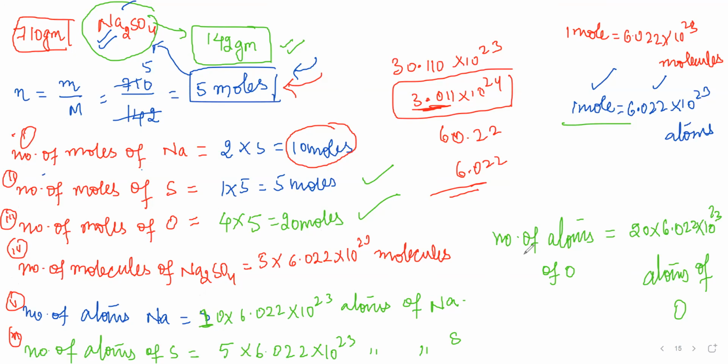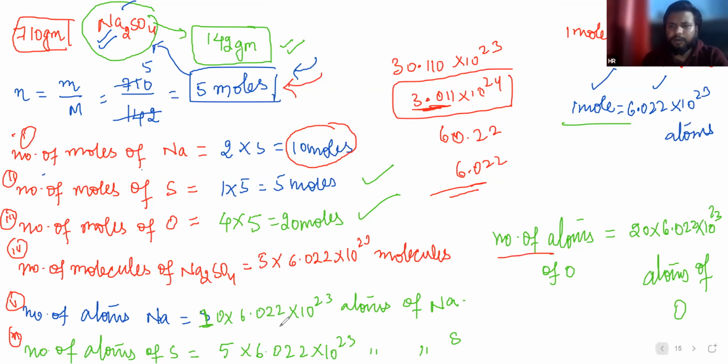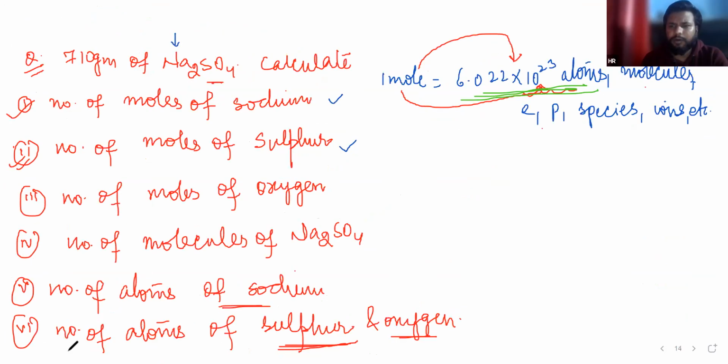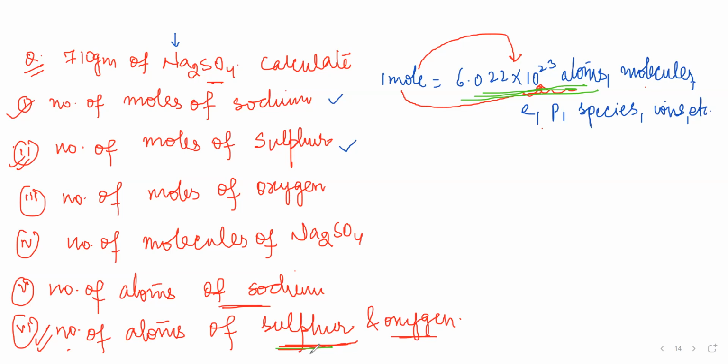You can. I just didn't write the seventh part. Here I wrote it like a number of atoms of sulfur and number of atoms of oxygen. I can write it separately, but I just wrote it in the same question. Okay, Krishna.